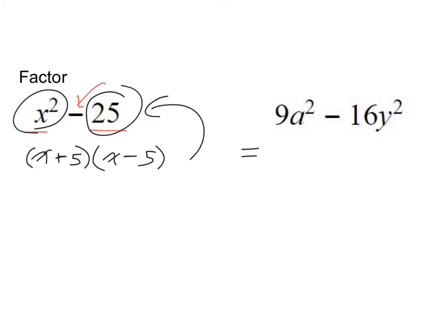Since we realize that it's a difference of squares, we can put our two brackets and then the square roots of each of the terms at the front of each bracket, and then at the end of each bracket. And then we know we need a plus and a minus sign, and that's all there is to a difference of squares. Let's try a couple more complicated ones.